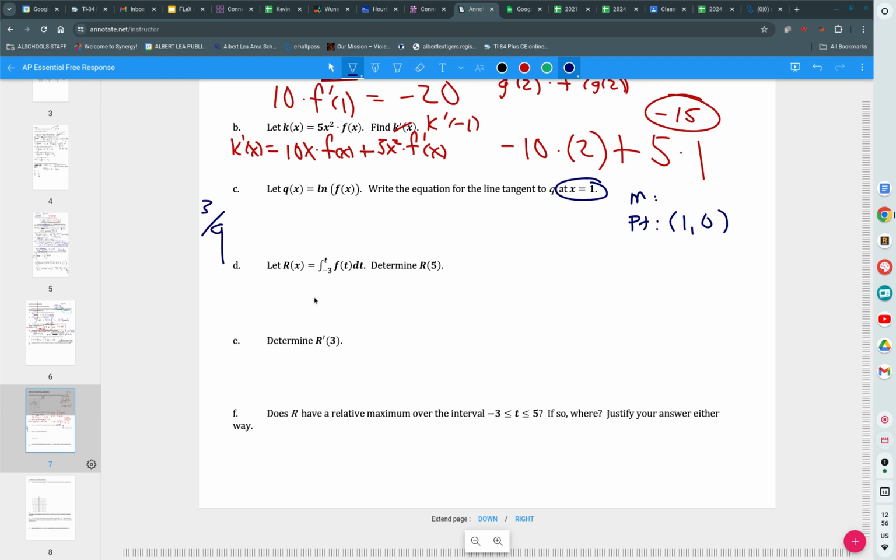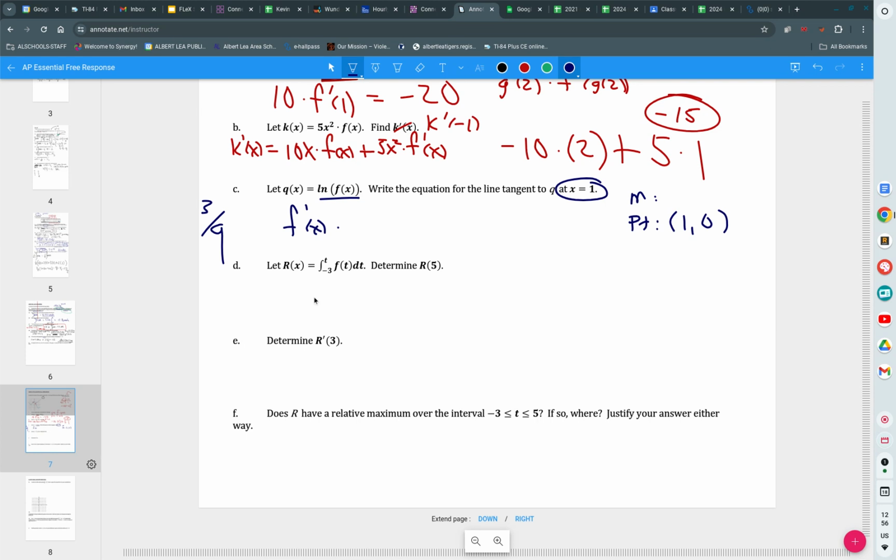How will I find slope? Take the derivative. What rule do you use to take this derivative? The chain rule. The derivative of f of x is f prime of x times the derivative of the outside.